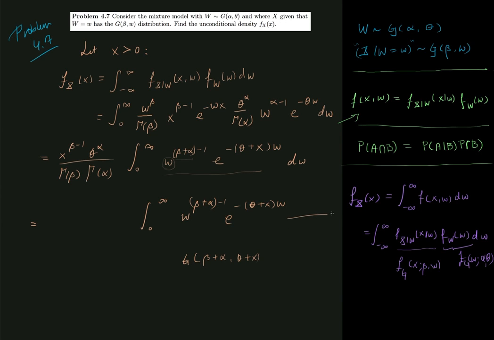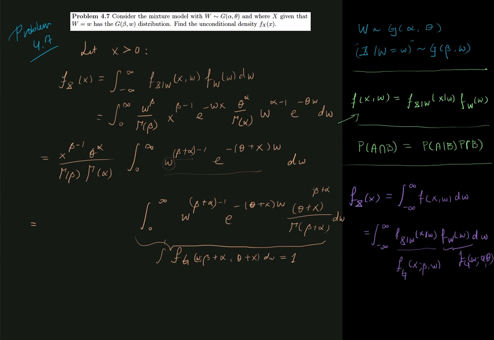So that means that we will need to have a constant where we divide by gamma of beta plus alpha, and above here we need theta plus x to the beta plus alpha. And when we have that, then this is exactly the density for the gamma distribution with these parameters evaluated in w, and this entire thing just evaluates to 1.